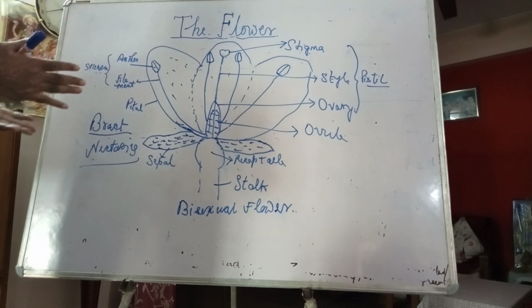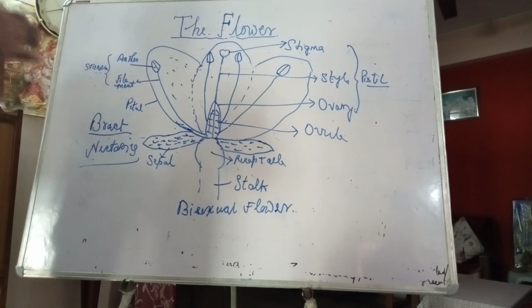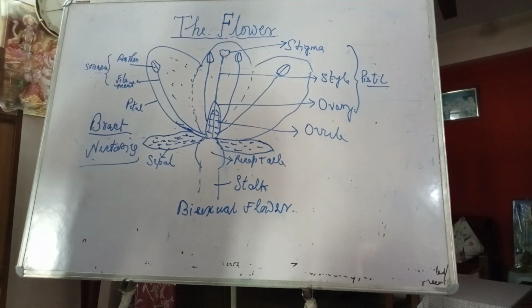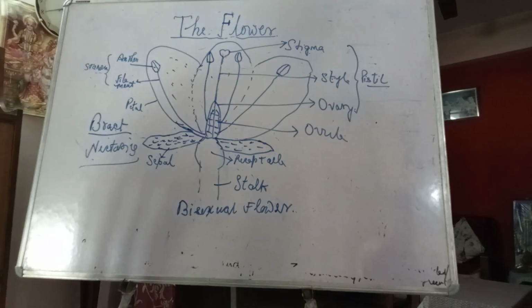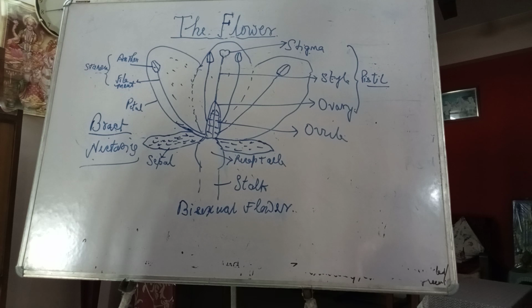The staminate flower and the pistillate flower will be on different plants. Those are dioecious plants. An example is palm. So these are the different examples you have to remember when you are discussing the terms.